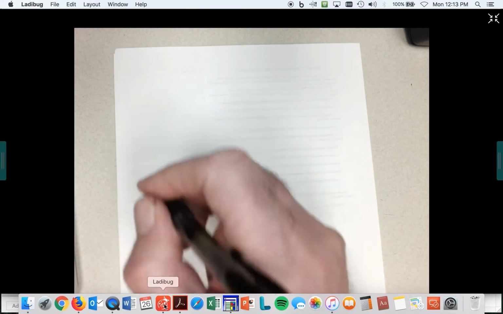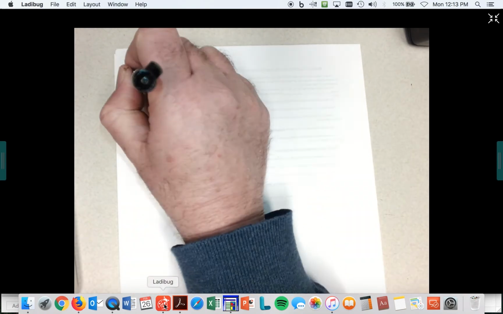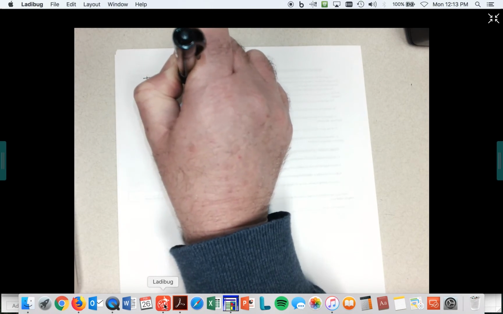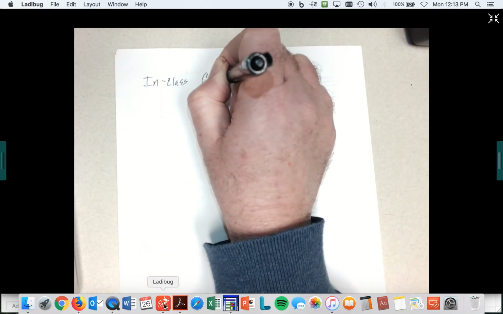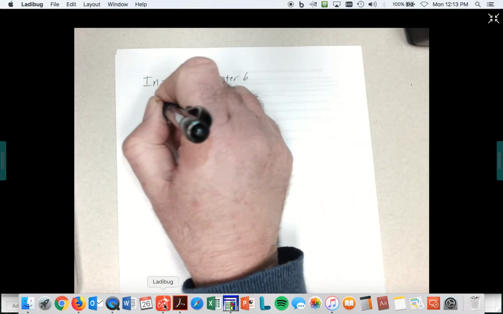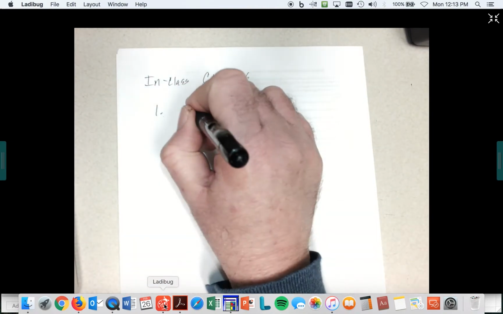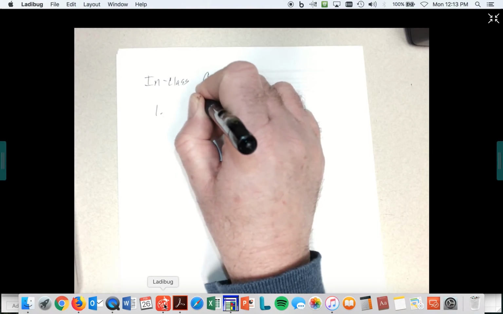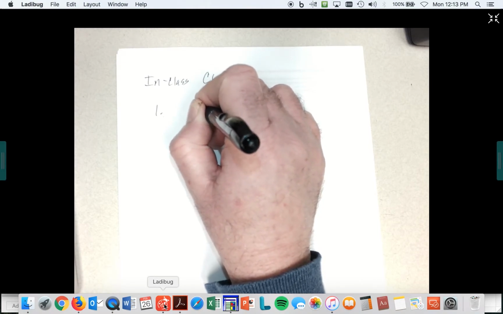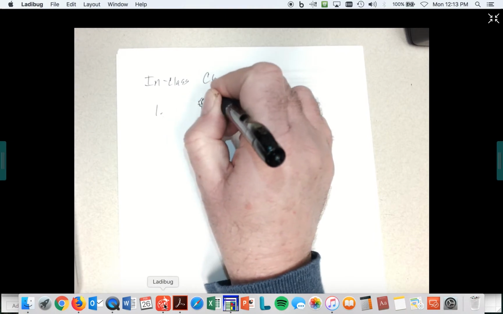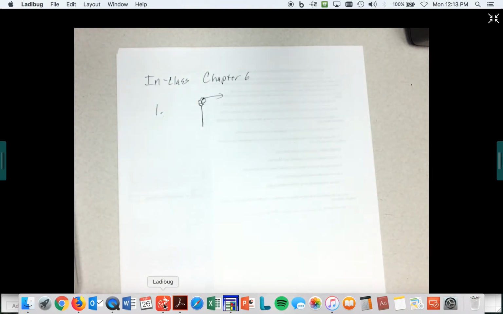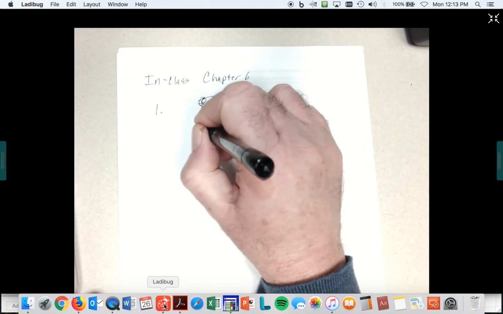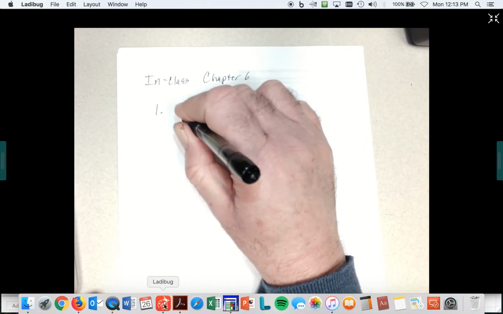So here's what we have. These are in-class, chapter 6, question 1. Here's my lacrosse net with the ball in it. Here's the stick, and whoosh, we're releasing the ball at this point, and the stick goes through this circular motion to get up here.